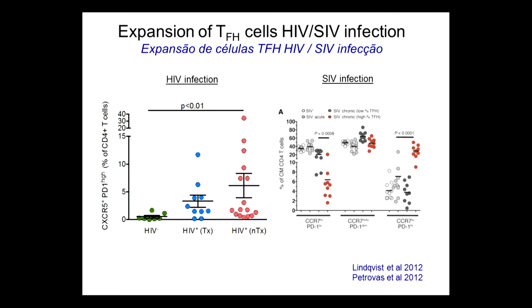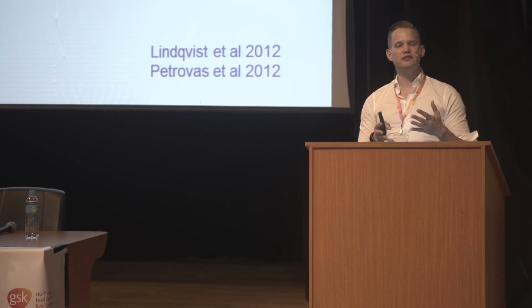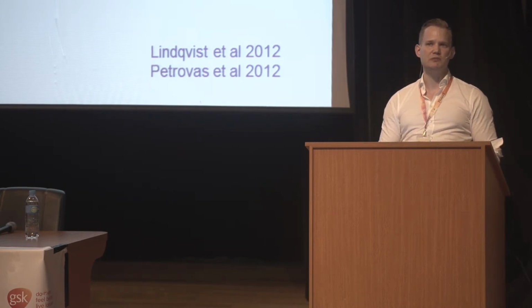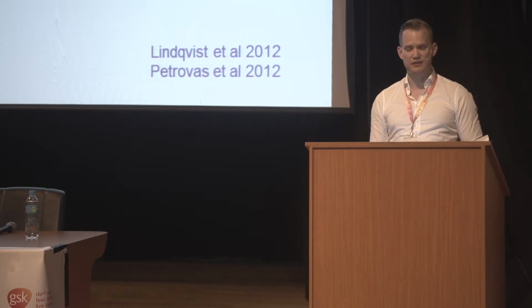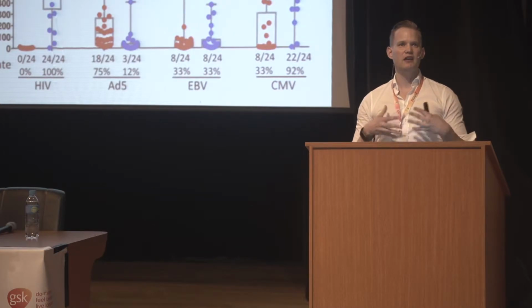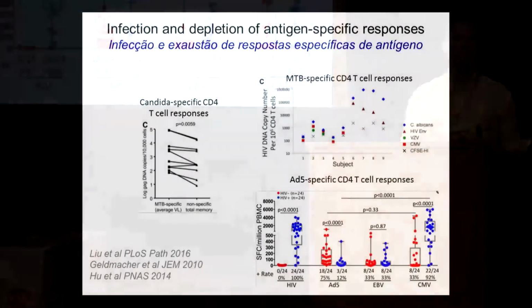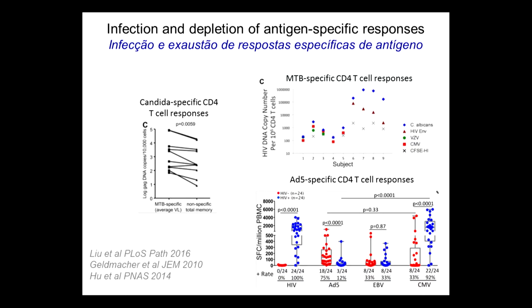So that covers the CD4 T cell subsets that are being depleted. It is also important to know that the antigen-specific CD4 T cells are being affected. A lot of studies have looked at many different specificities of the CD4 T cells that are being depleted, like the Candida responses.